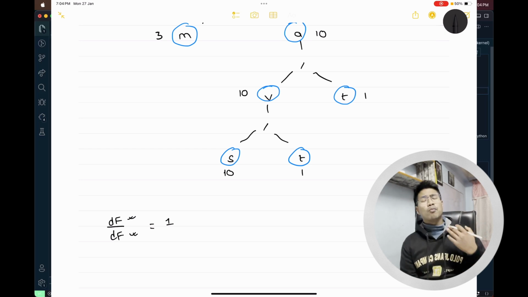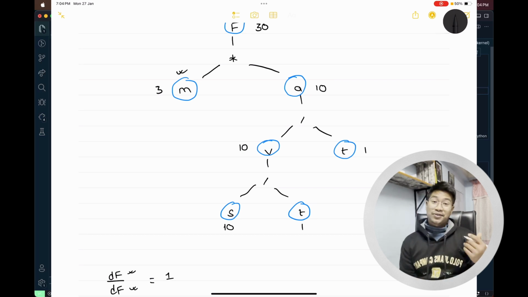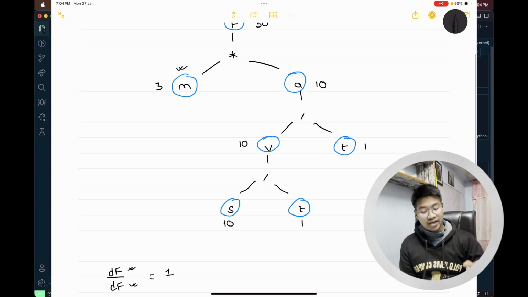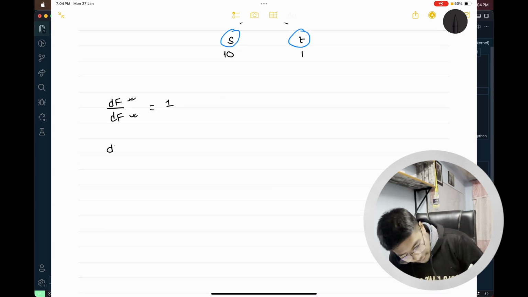Now let's look at how force is being affected by mass. That's pretty simple as well. We already did this before. This is a simple partial derivative. So basically what I want to know is, how is my force being affected by my mass?